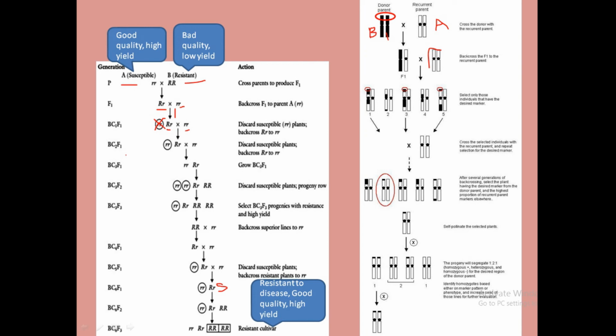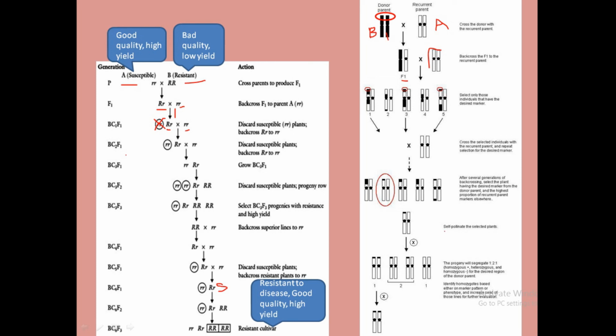So again we got the F1, that is capital R small r. Then we will again cross it with the small r parent, again crossing and again getting this, and then we will select only those plants, in F1 and then in generations BC6F1, BC6F2 and other generations, we will select only those genotypes that have the resistant gene and that have all the genes that are present in variety A. So we are doing this up to BC6F1.